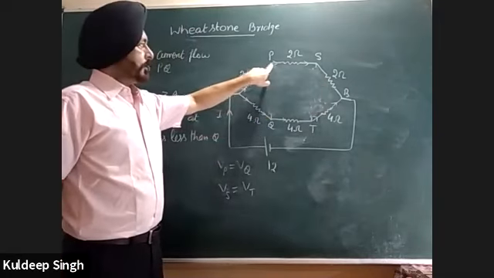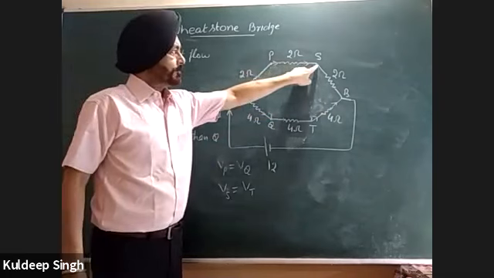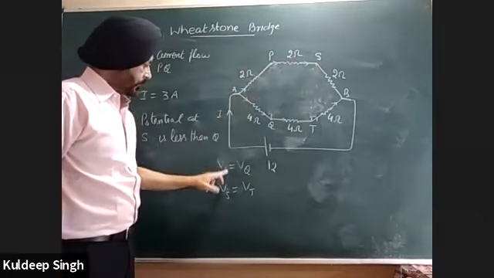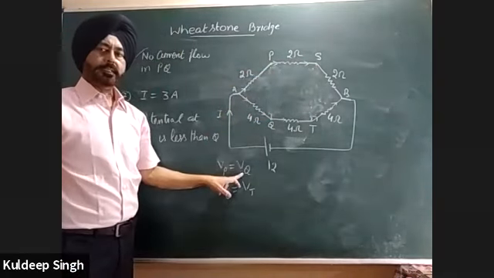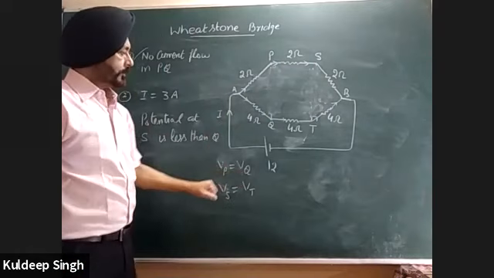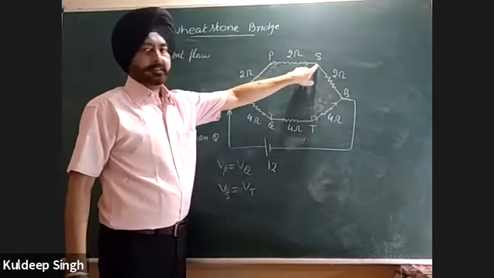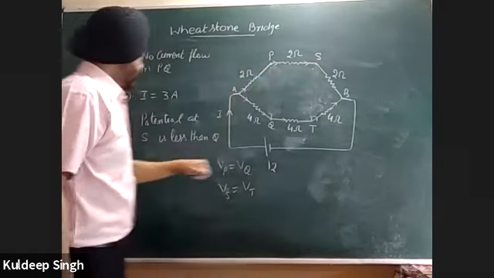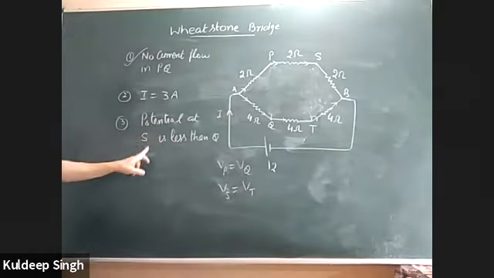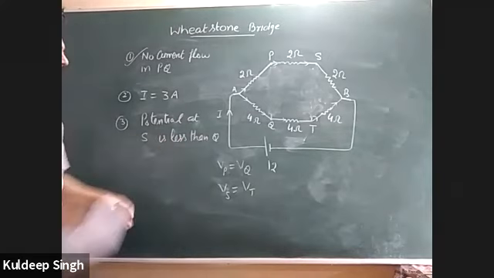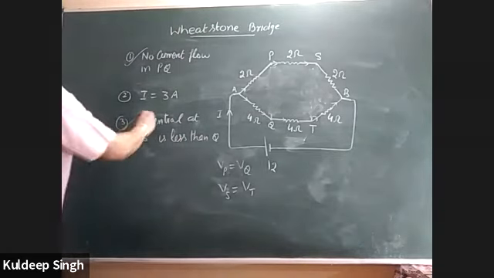It means potential at P is more than S, and potential at P is equal to potential at Q. It means the potential at Q is more than S. In other words, the potential at S is less than Q. Therefore, this option is also correct.